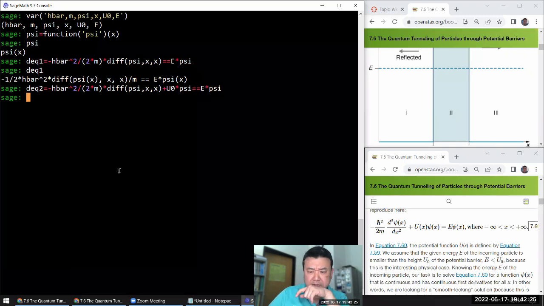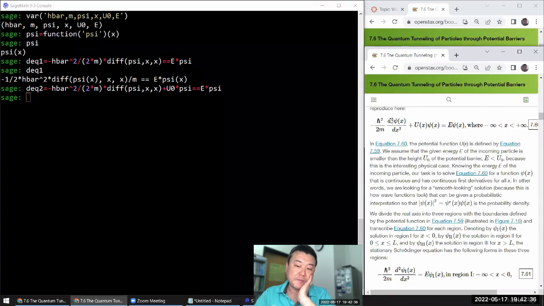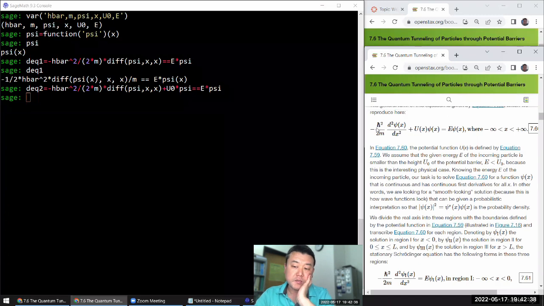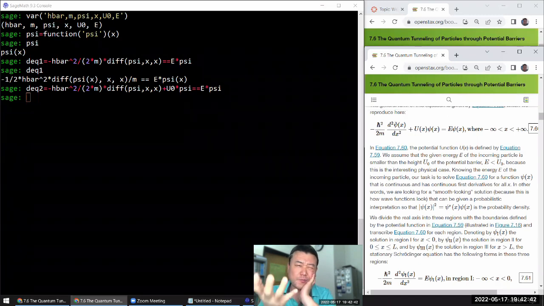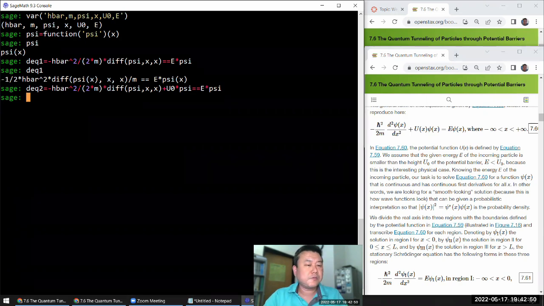When you have these, I think you should be able to solve these equations, because once you have this time-independent Schrödinger equation, this is what's known as an ordinary differential equation. It doesn't involve partial derivatives. So there are mathematical methods that will just allow you to solve for it. I think there's a function called dsolve, or differential equation solve.